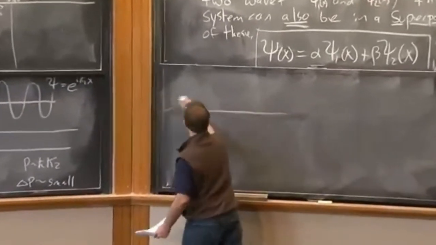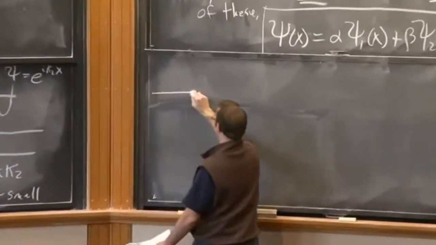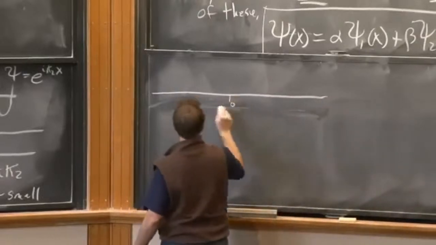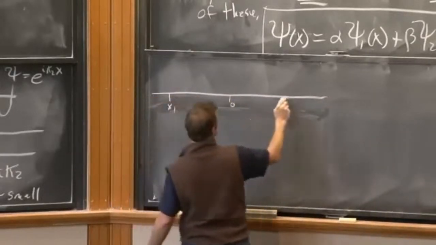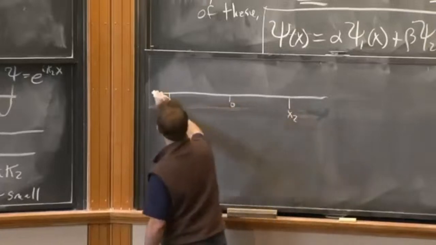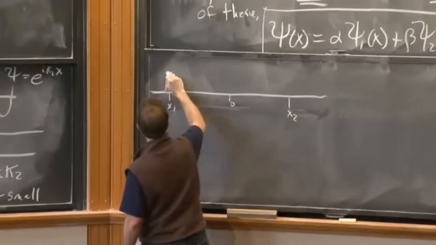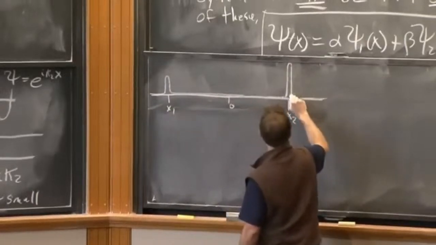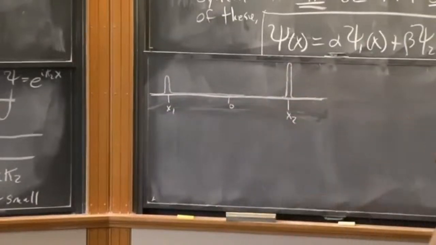Oops. Let's try that again. Good. And my superposition, so here's 0, and here's x1, and here's x2. My superposition is going to be some amount times the first one plus some amount times the second one. There's a superposition.